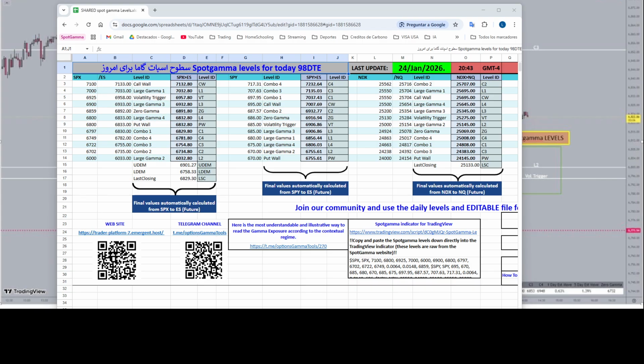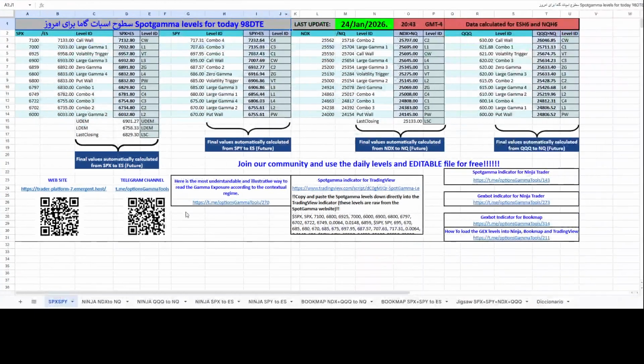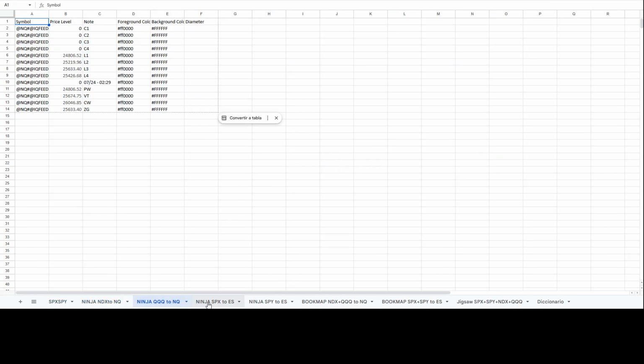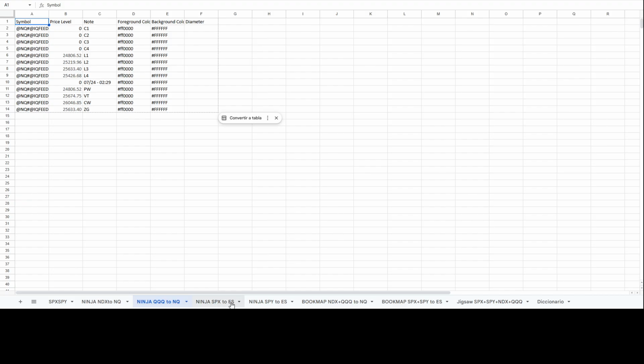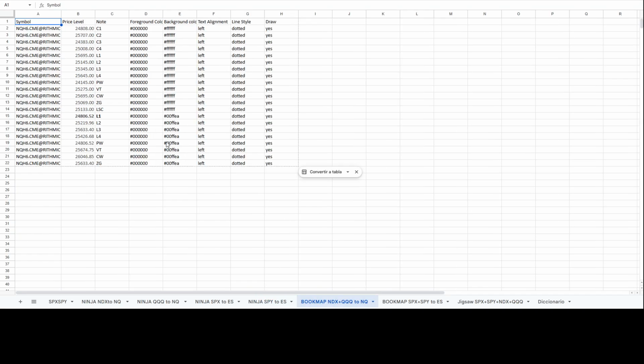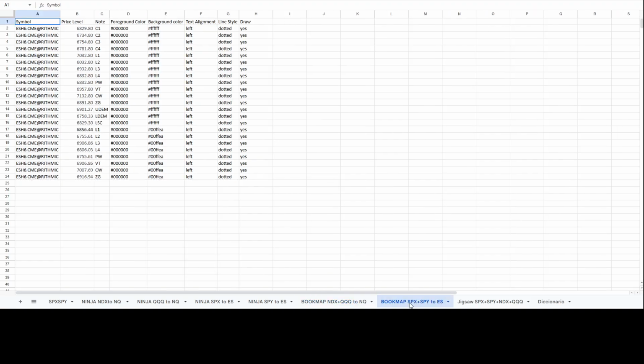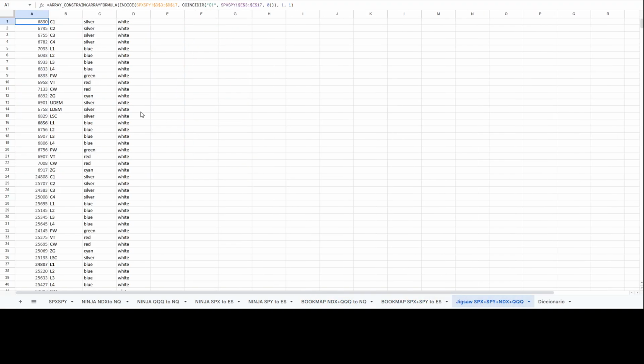For example, in NinjaTrader, this is the NDX to NQ transformation, QQQ to NQ, SPX to ES, SPY to ES. And in Bookmap, we have a mix where you can load the NDX plus QQQ to NQ and continue. You can see the levels for Jigsaw too.